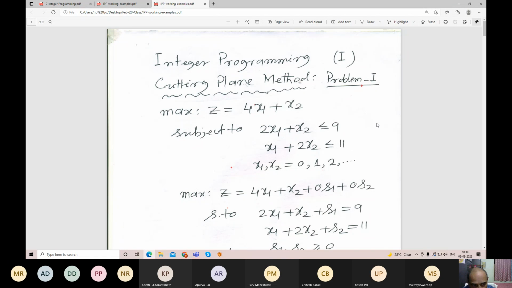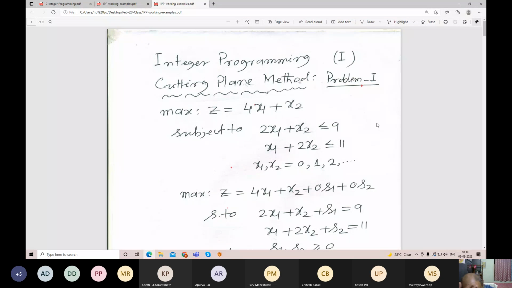This is a small integer programming problem. Maximize z equal to 4x1 plus x2, subject to 2x1 plus x2 less than or equal to 9, x1 plus 2x2 less than or equal to 11, and the variables x1, x2 are integers like 0, 1, 2, 3, etc. So this problem will be solved using the simplex method.